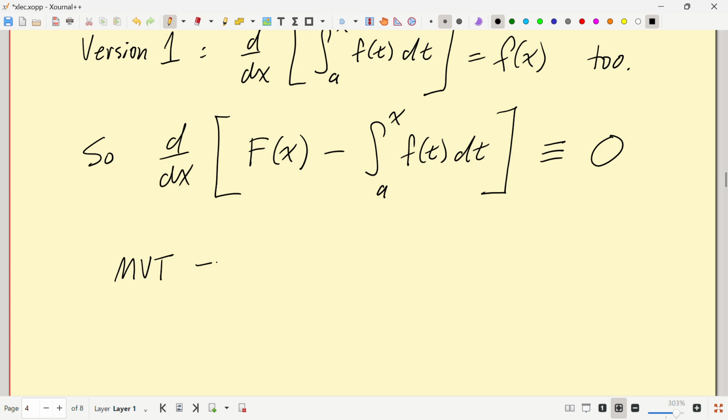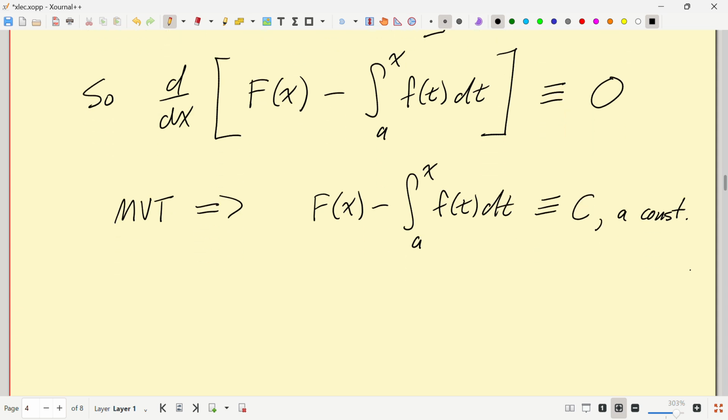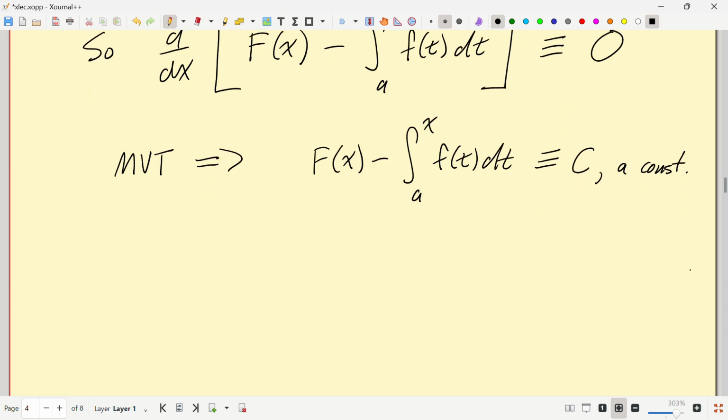The mean value theorem implies that the thing inside the square brackets is identically equal to not 0 but a constant. Okay, and here's how to figure out what that constant is. I can stick in a single point and figure out what c is.